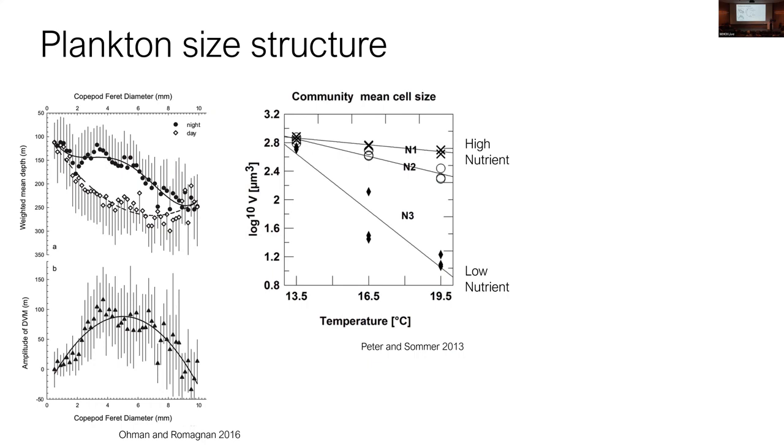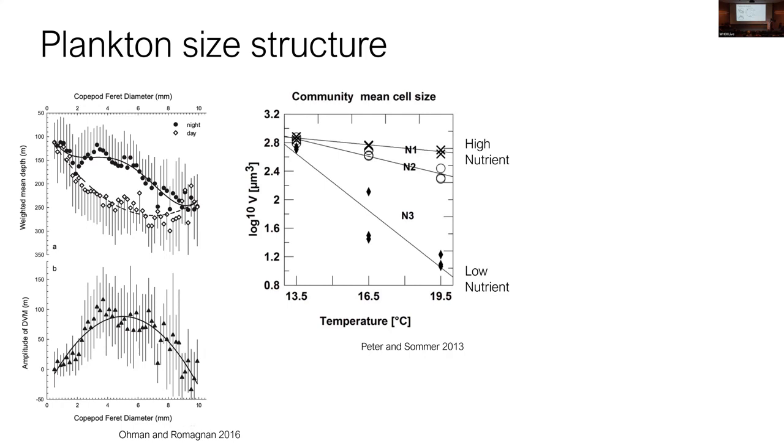So the smaller copepods will be migrating to shallower depths and exhibit less migration compared to the medium and larger zooplankton, such that it's actually at the medium copepod size ranges that they exhibit the largest amplitude of DVM.